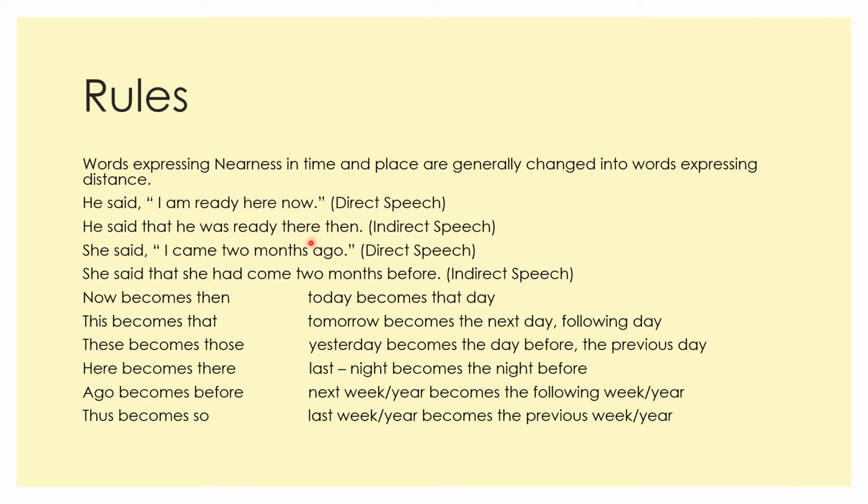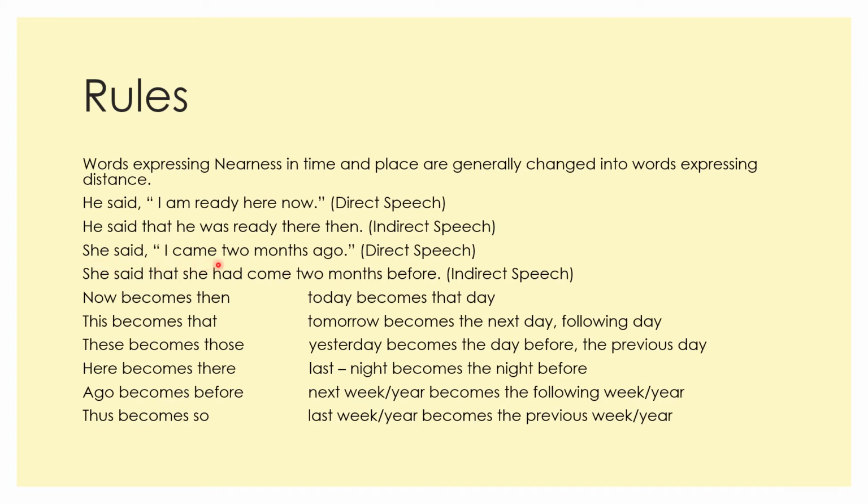And the other changes we have already studied. That is, after said, you will use the conjunction that, the pronouns change to the third person, the tense of the verb also changes. So am, which is in the simple present, will become the simple past, that is was. So the sentence in the indirect speech: he said that he was ready there then.